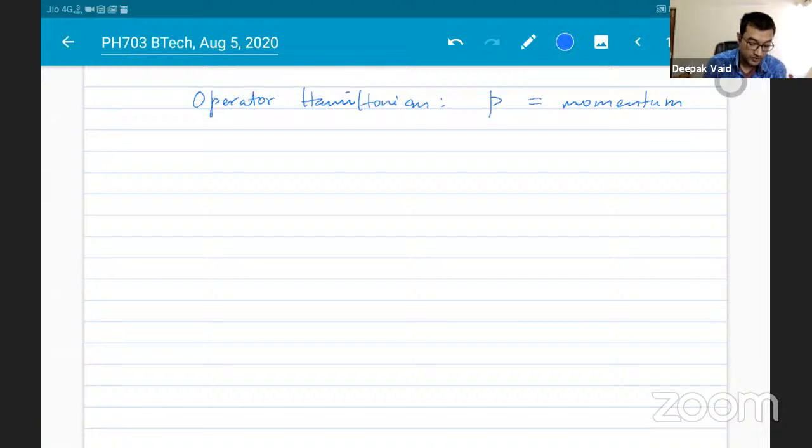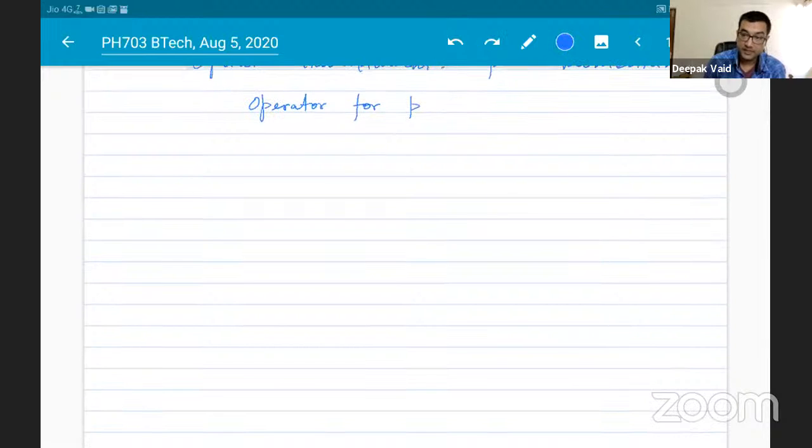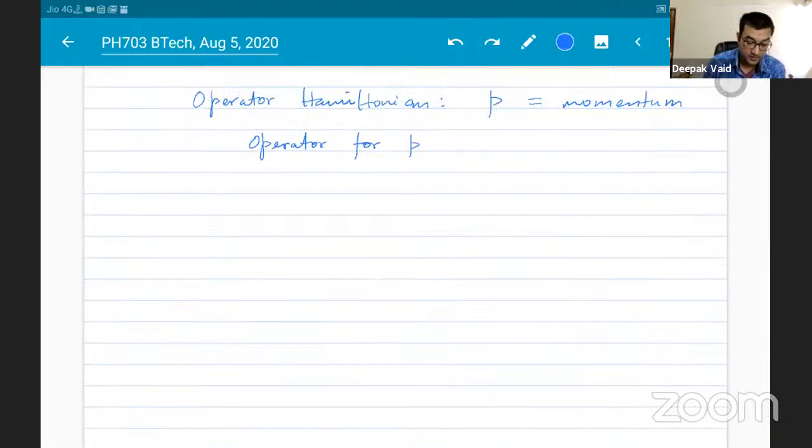And I want to write the operator for the momentum, first of all. So P is just a number, right? It's the momentum of the particle. When I talk about the quantum particle, P has to become an operator. What should be this operator? That's the first thing.